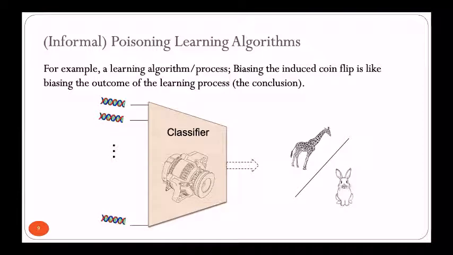And let's say all animals in the world can be either giraffes or bunnies for some reason. So we wish to understand how to fool this classifier. We want to change only a small amount of samples taken from the colony to fool this classifier to think that this is a giraffe colony.